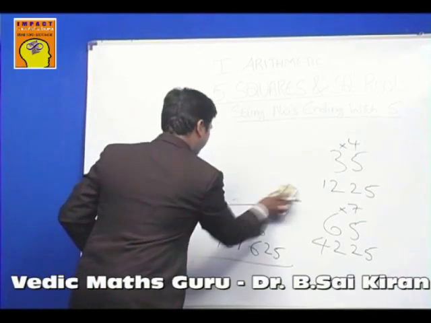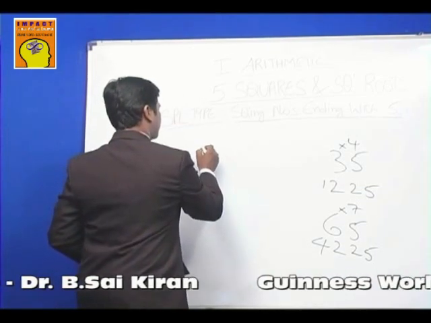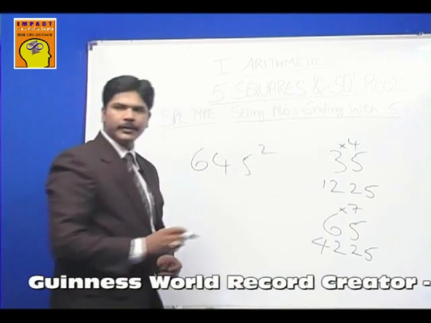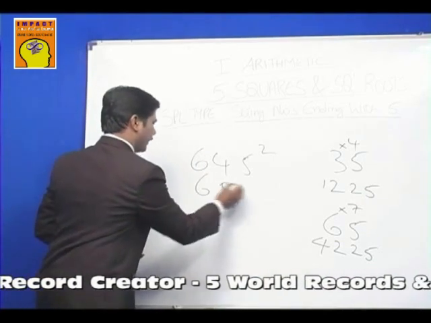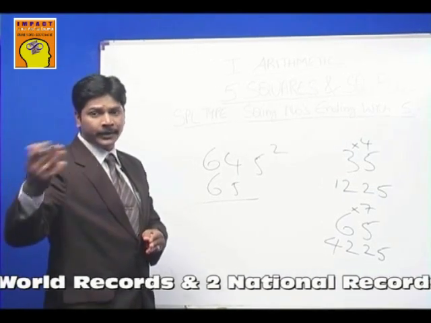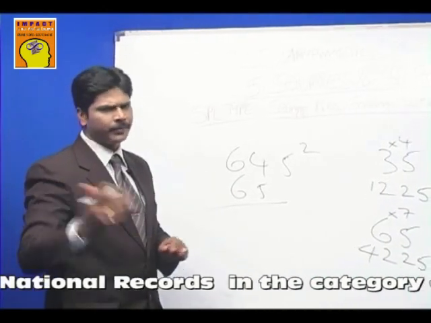So, one more example. Let's take a number something like this. How much is 645 whole square? So multiply 64, next number 65. If you have mastered the double into double crisscross multiplication method, you can get this answer in just about 5 seconds.